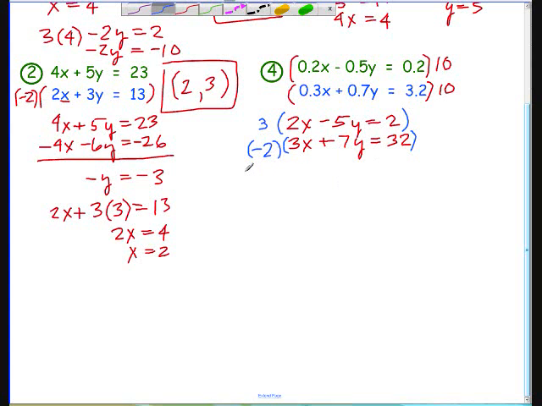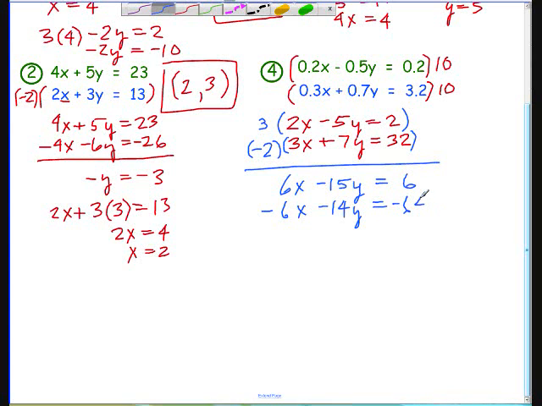All right. 6x minus 15y equals 6. On this one, negative 6x minus 14y equals negative, wow, 64. It's a biggie.